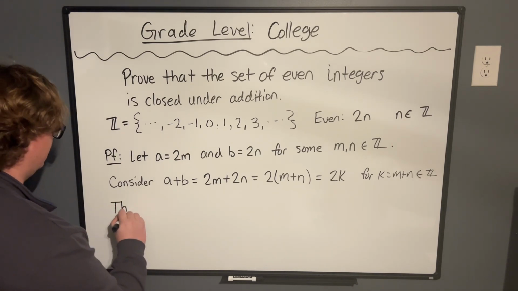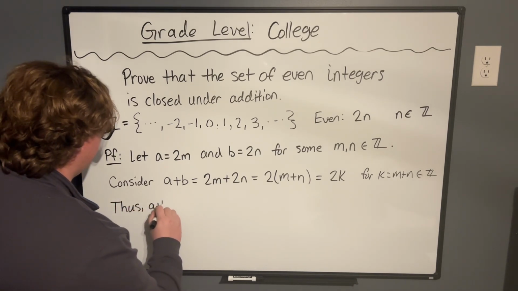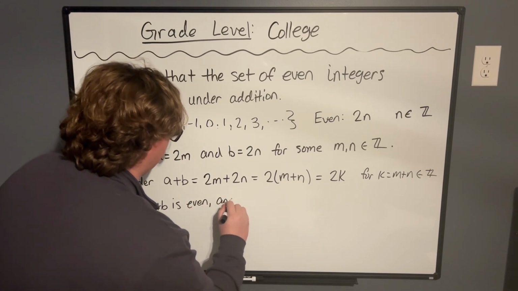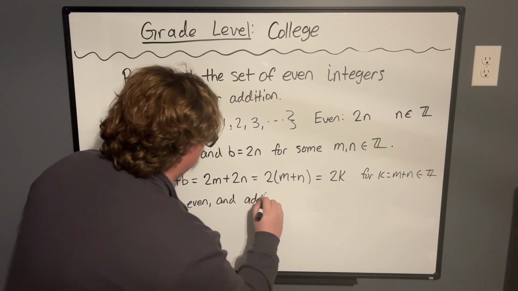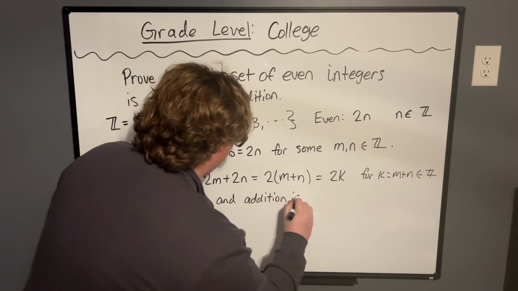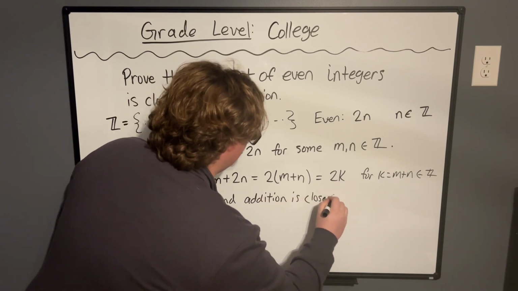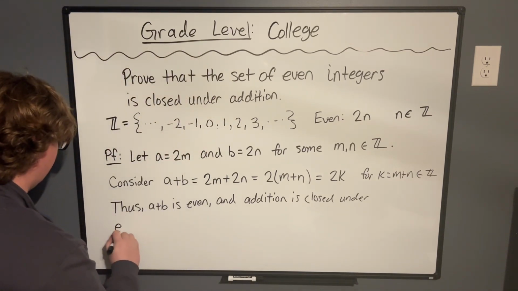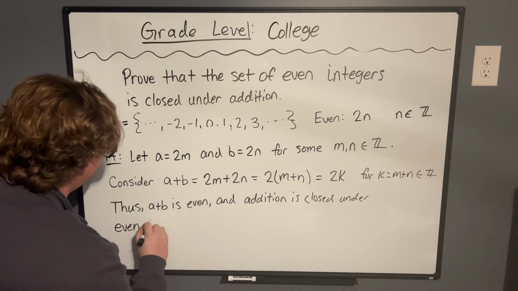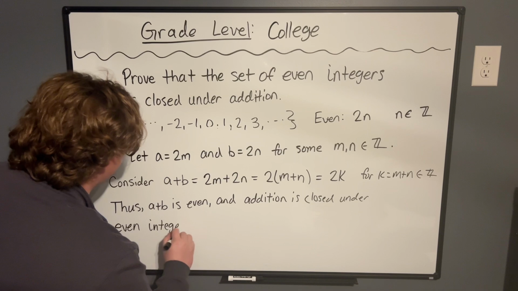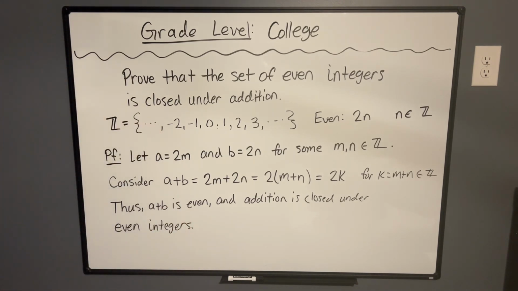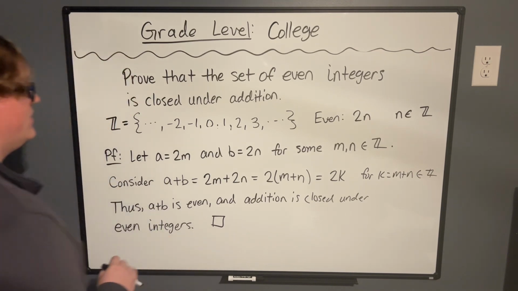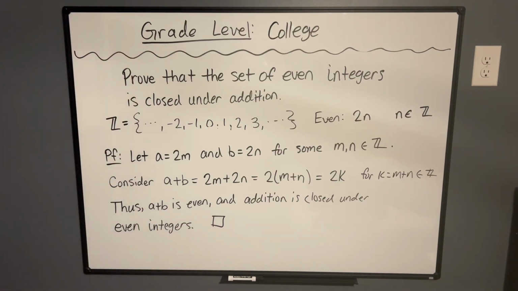So thus, a plus b is even, and addition is closed under even numbers. I'll put even integers, even though it's really the same thing. So yeah, that's what we've proven. We've proven that it's closed. This box just means that we're done with the proof.